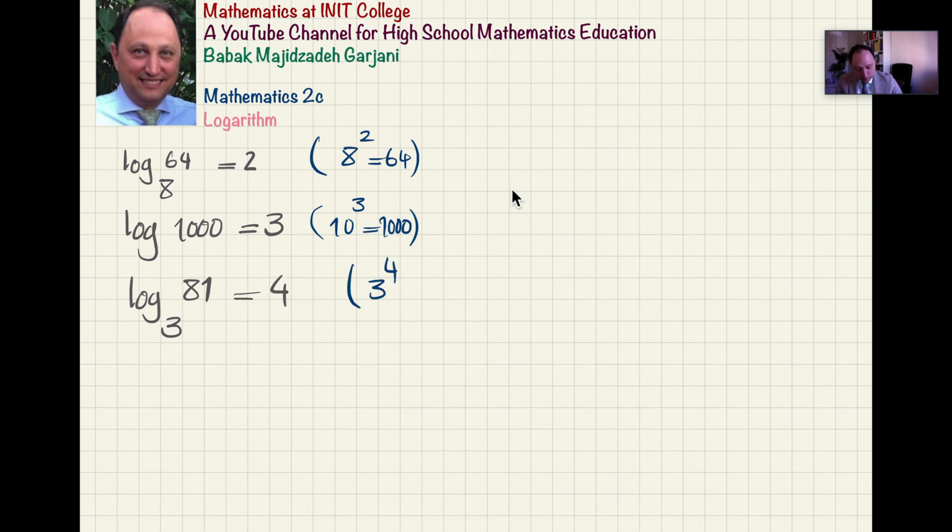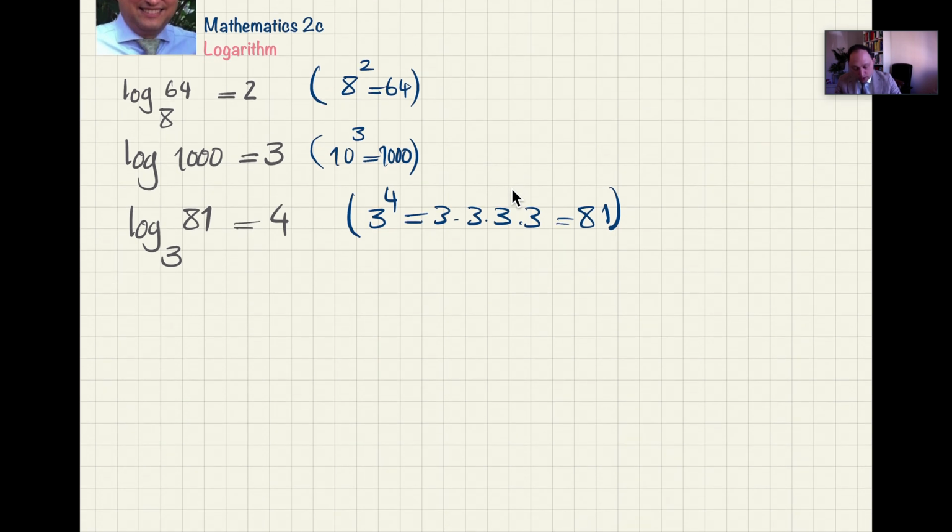Because 3 to power 4 means 3 times 3 times 3 times 3 is 81. Okay? But you understand the concept, at least. So what is the log? Can you tell me this one? 0.001. -3. -3.